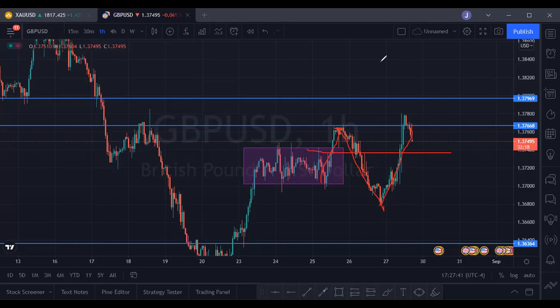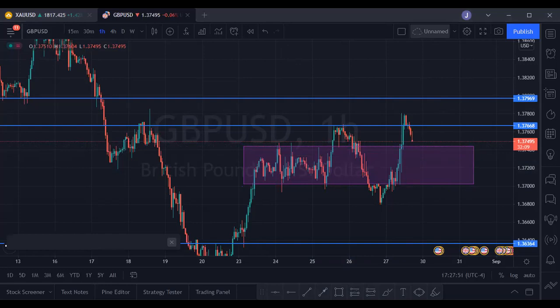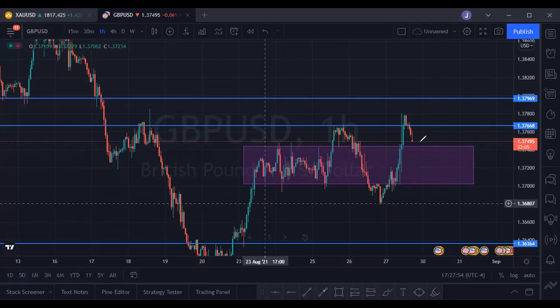So now we'll be seeing price come back to that point before going up, meaning that GBP USD will come inside the zone, inside here. Then we might be seeing something like this for the up move. So now, I'll be expecting GBP USD to come inside this box before going up.